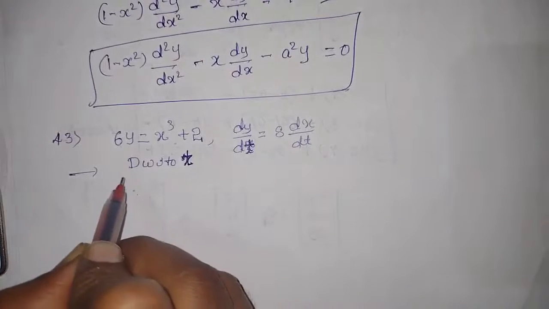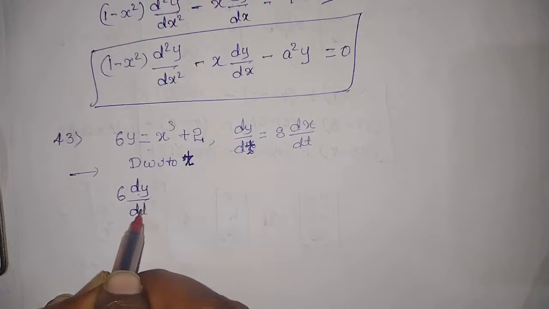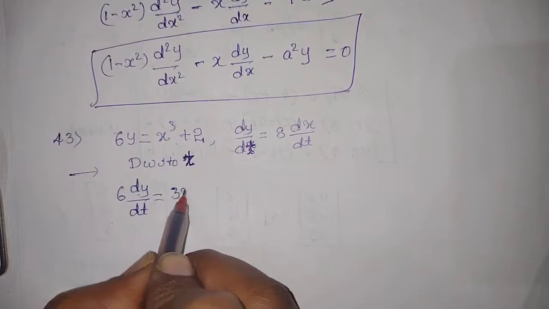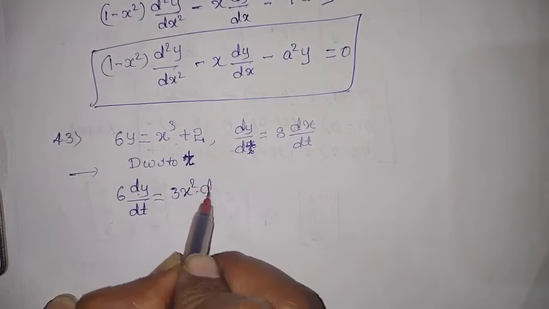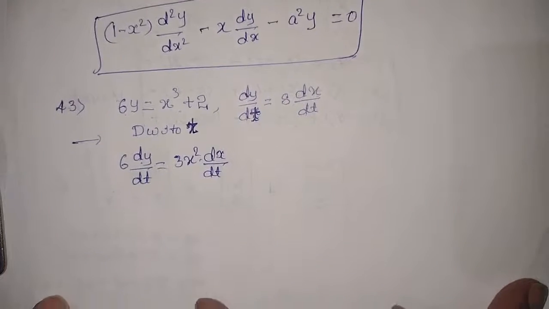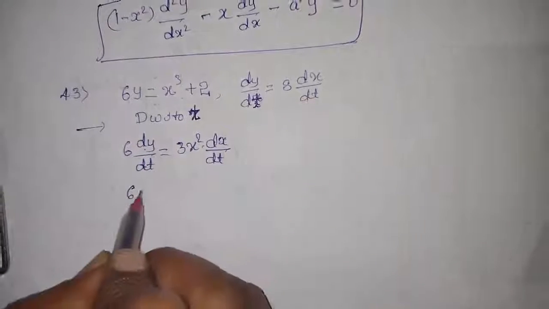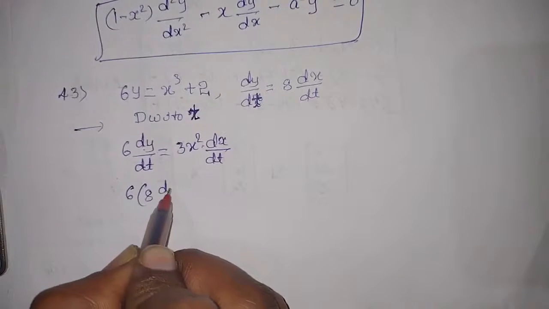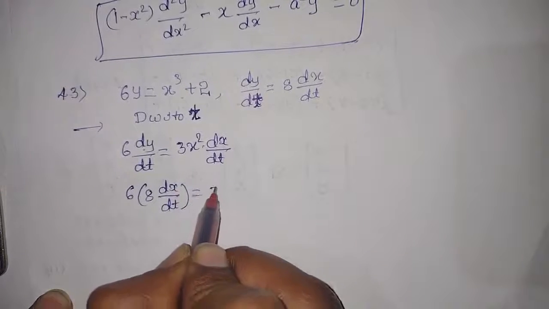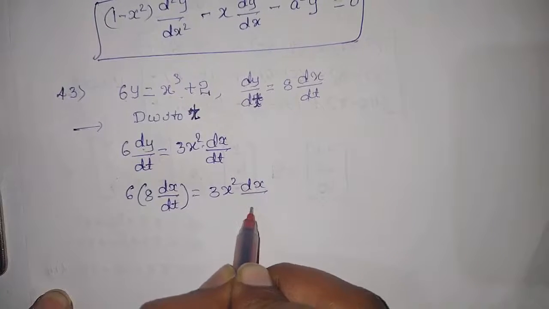Okay. So the differentiation of y is dy by dt, which is equal to the differentiation of x cube, that is 3x square into dx by dt. Clear? So 6 into dy by dt, where dy by dt means 8 times dx by dt, is equal to 3x square into dx by dt.